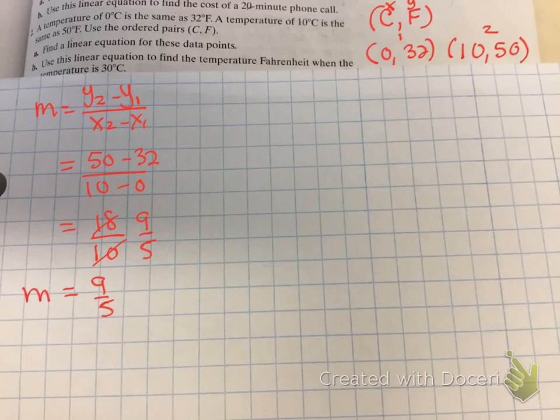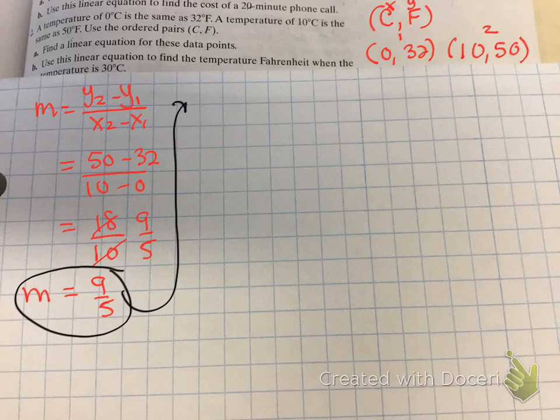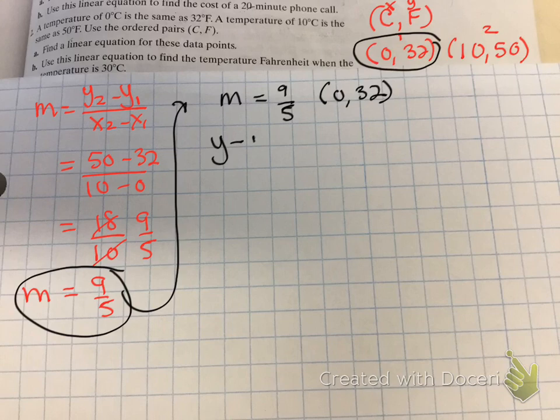M equals 9 over 5. I'm going to use this point, 0, 32. What method did I say I like to use? How about point slope? Y minus y1 equals M times x minus x1.